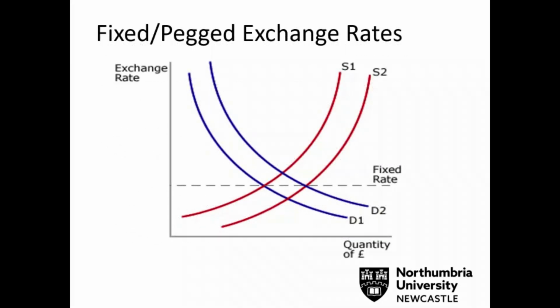If we look at this on a graph, if we look at the blue line, as noted, if the dollar gets stronger in value, so the US economy is doing really well, growth is going up in the US, so the dollar is getting stronger. Demand for the dollar will shift to the right. So the blue goes up from D1 to D2. So this would suggest that the new exchange rate would be up here.